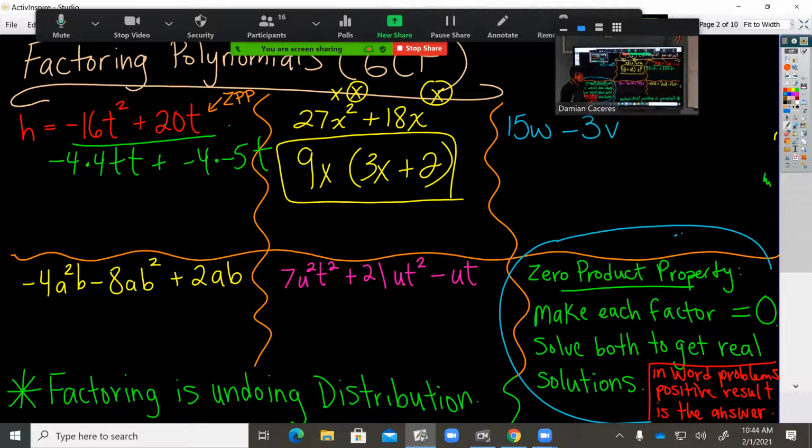On the blue question, do they have a variable in common? No. So we're not going to touch the variables. The only thing we're going to do is find out what 15 and 3 have in common, which is 3. Now, 3 times what gives you 15? 5, and you have to put the W there.